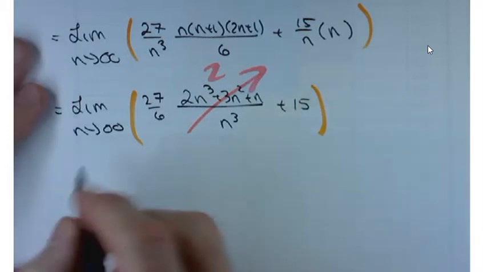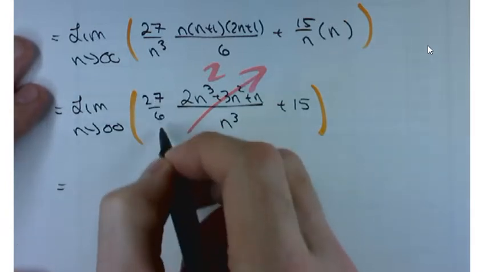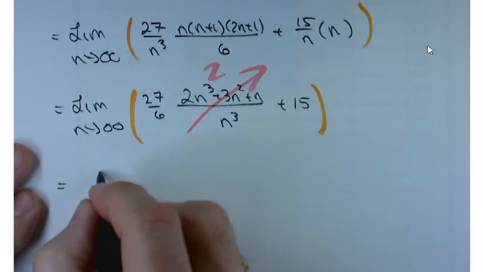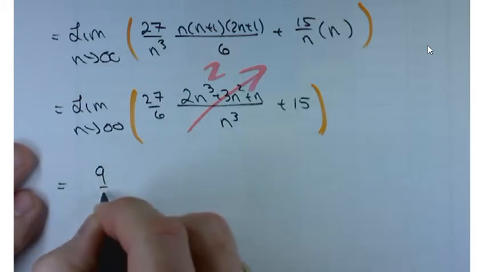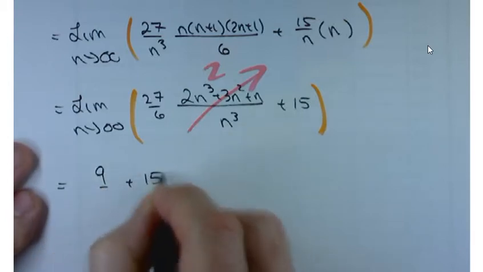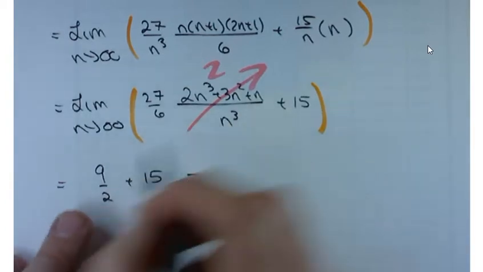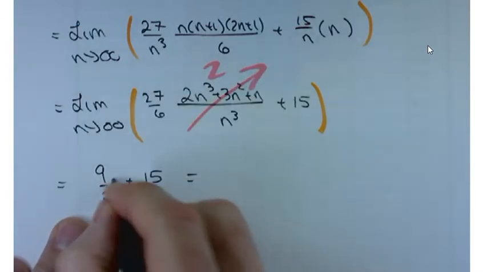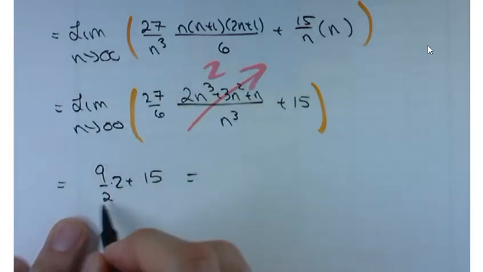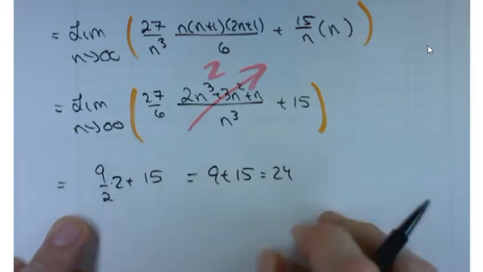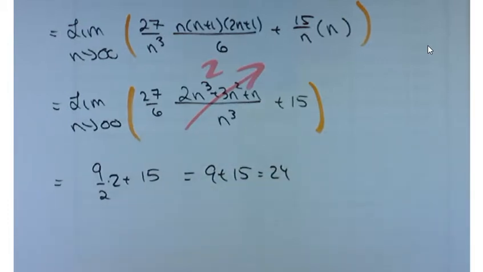So what are we left with? We're left with 27 over 6. Christian, what's that reduced to? Good, 9 over 2. And it's 9 over 2 times 2, and the 2s cancel, so I get 9 plus 15, which is 24. Yay. So that's the exact area underneath that curve.